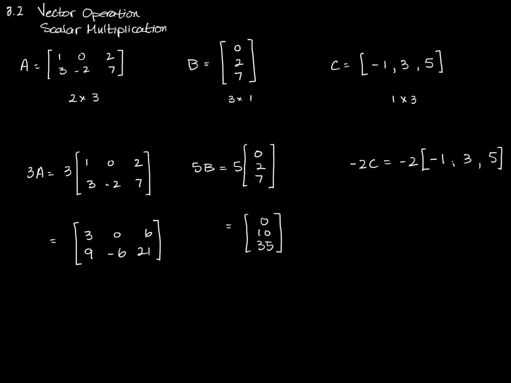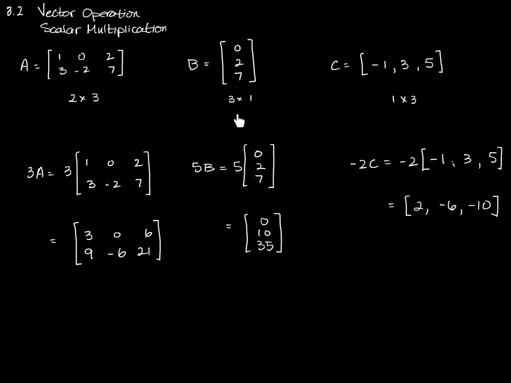This one really should have commas in it. And that's going to give me the matrix 2, negative 6, negative 10. Okay, so that's just a quick review on matrix scalar multiplication.